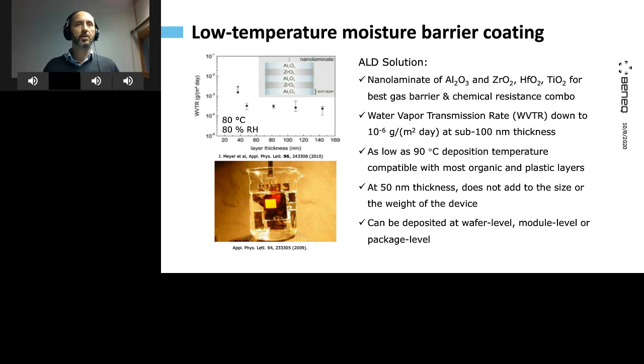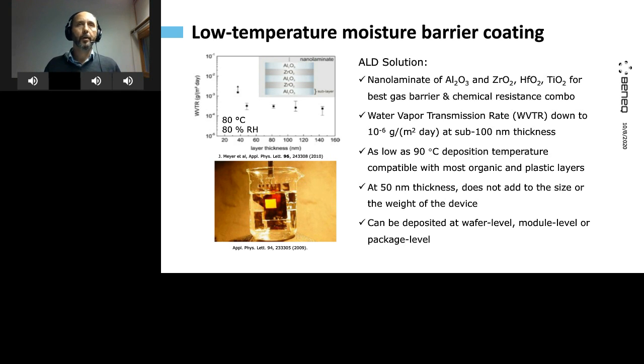We could take an aluminum oxide, which is an excellent gas barrier, and combine that with some other oxides like zirconia, hafnia, and titania to essentially improve the chemical resistance. And we do what we call nanolaminates, here in the left-hand side image you see. And when you do that, you're essentially generating an excellent moisture barrier.